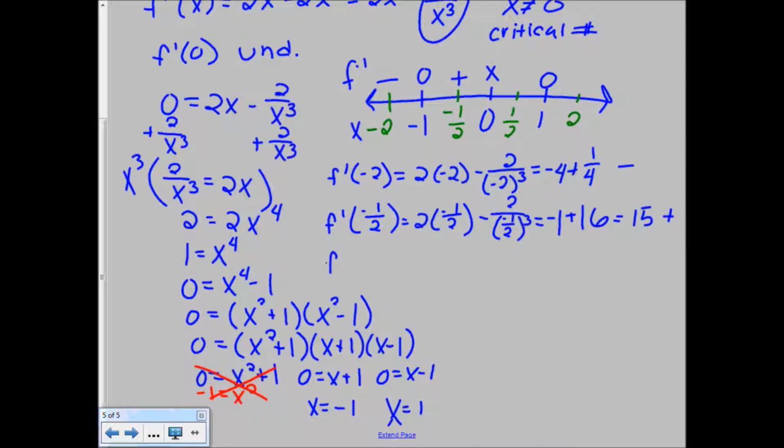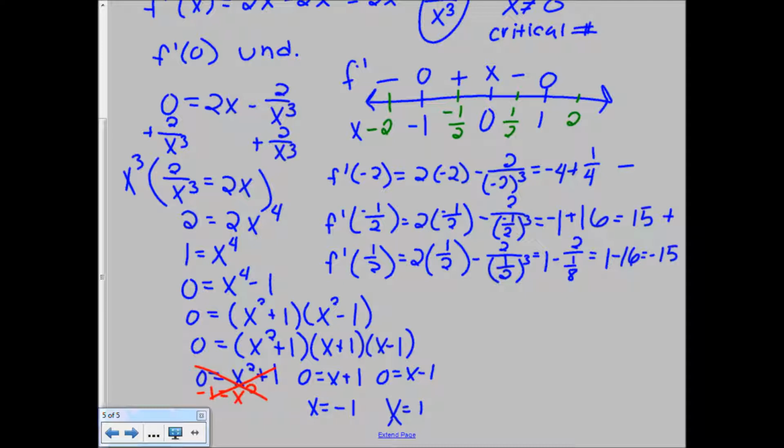Let's figure it out for 1/2 now. So we're going to get 2 times 1/2 minus 2 over 1/2 cubed, which is equal to 1 minus 2 over 1/8, which is 1 minus 16, which is negative 15. So we'll have a negative sign here.